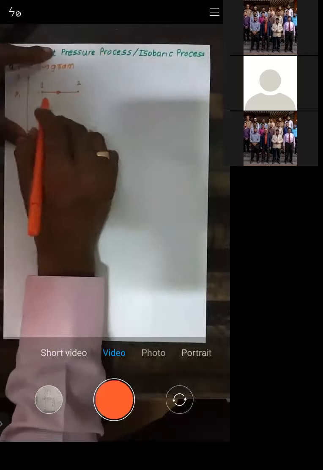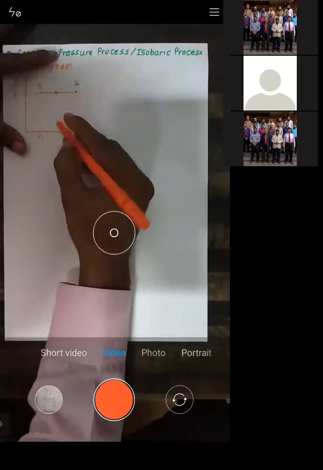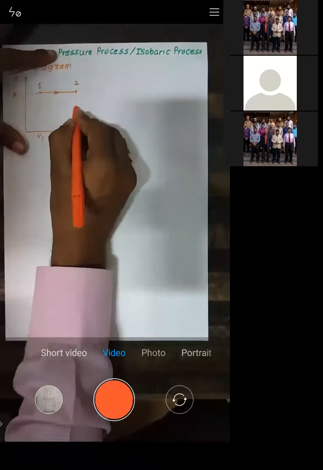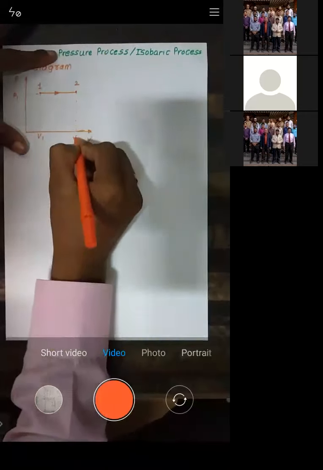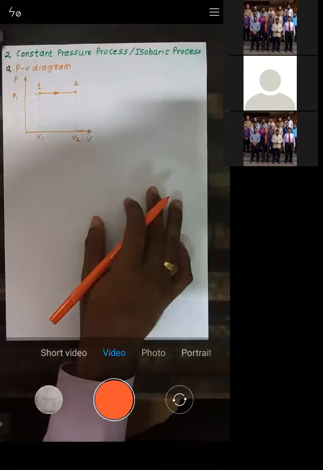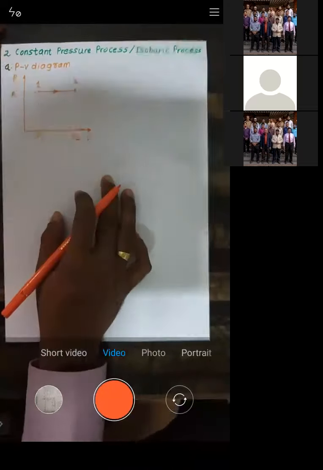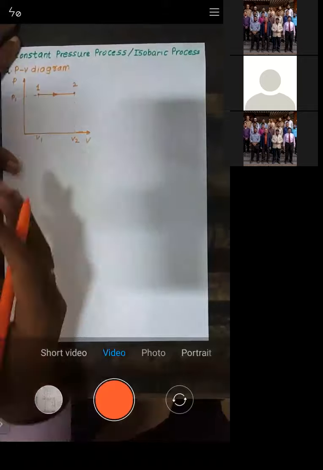So when I move along a constant pressure line, what happens? The volume which was initially V1 now gets increased to V2. Is it okay? Whenever it's a constant pressure, obviously we should have a horizontal line. When it is a constant volume, we should have a vertical line.